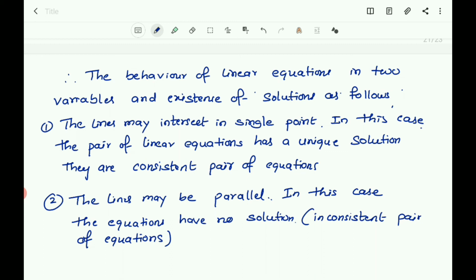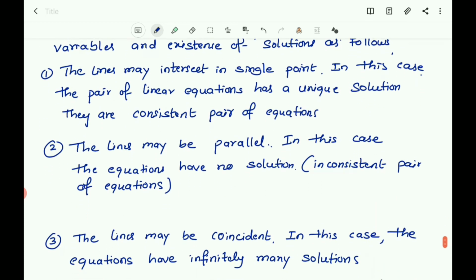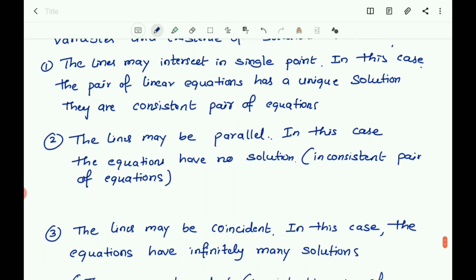Second, the lines may be parallel. In this case, the equations have no solution and the pair of linear equations is inconsistent. As they have no solution, they are an inconsistent pair of equations.